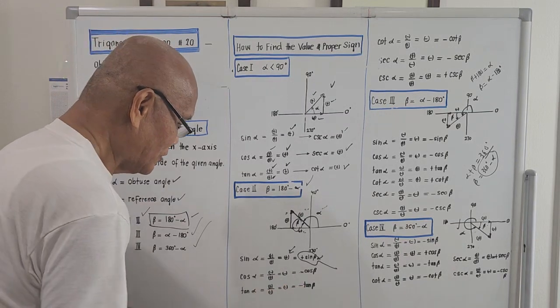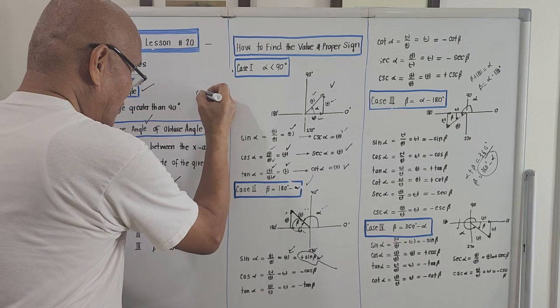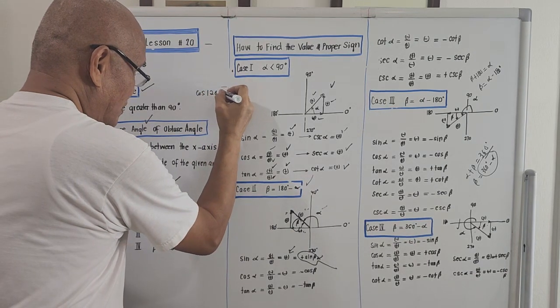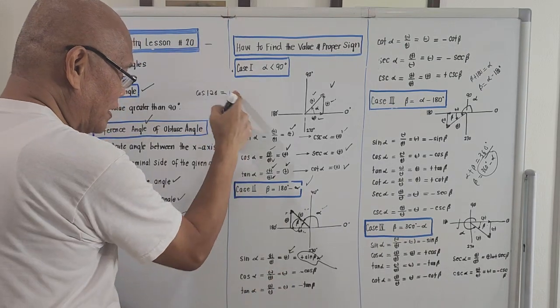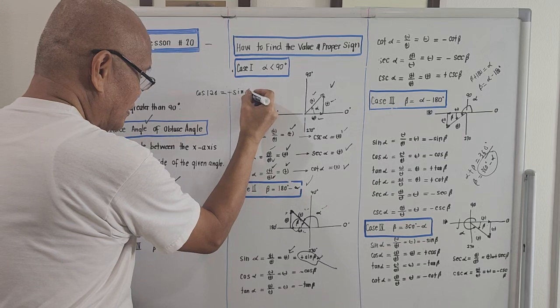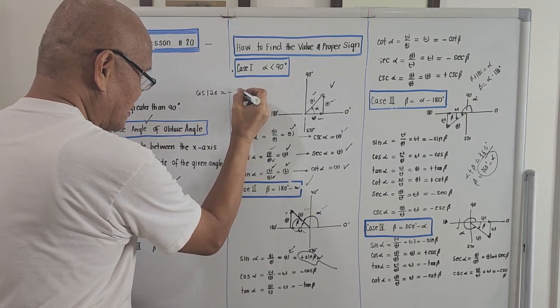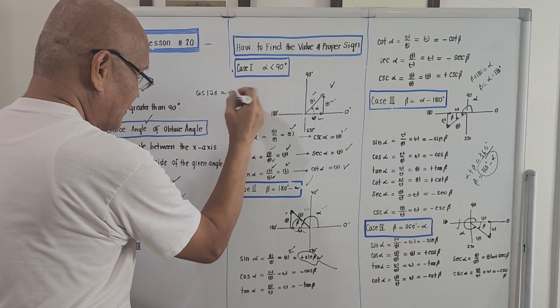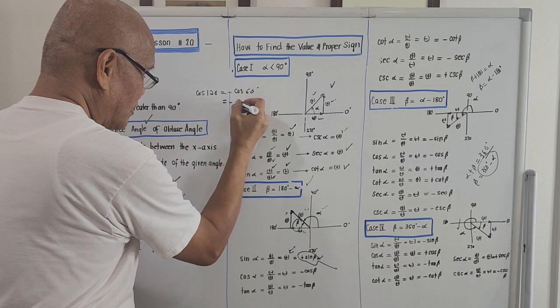So cosine of 120, as per our computation, just try to check if it's correct. This should be negative cosine of 60 degrees, and this should be equal to negative 0.5.